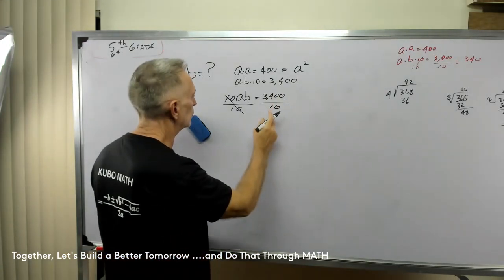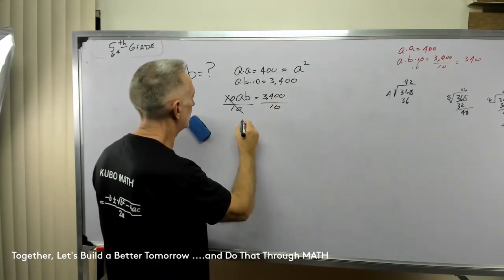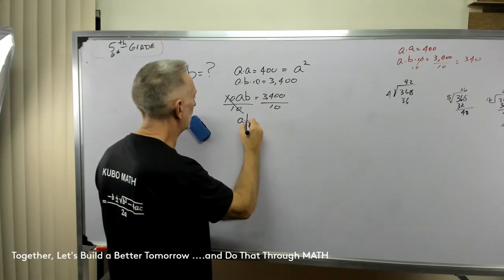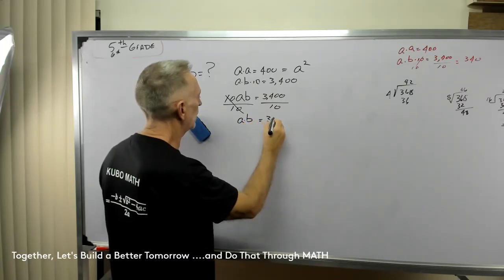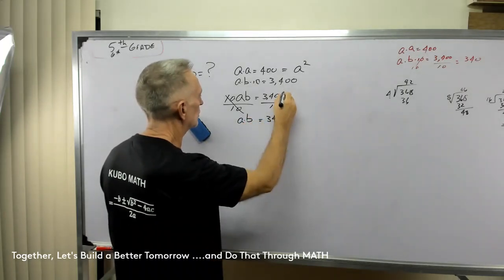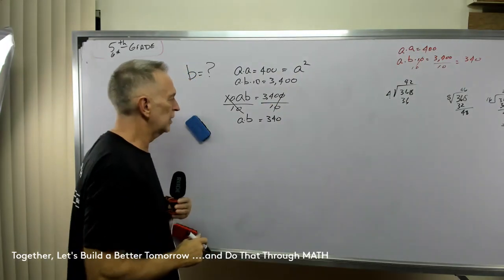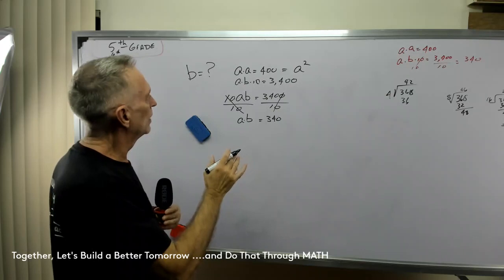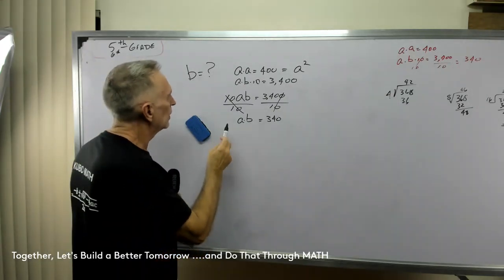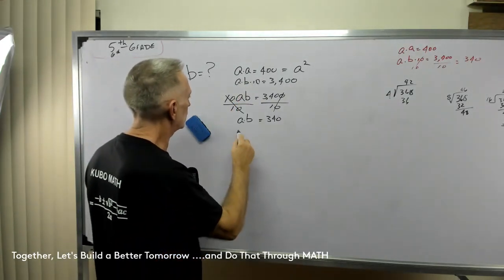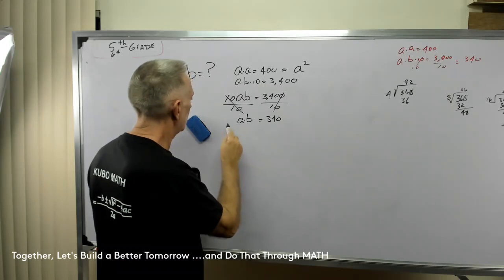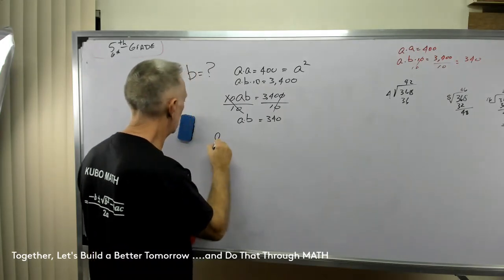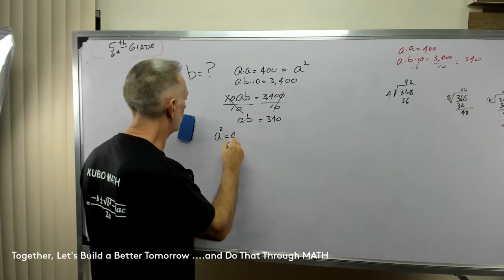So 3,400 divided by 10 gives me A times B equals 340, because, you know, the zero wipes out there. Okay, now then, we know A to the second power equals 400.